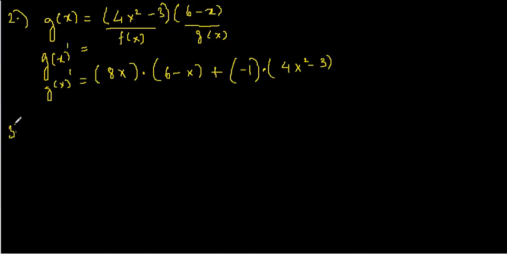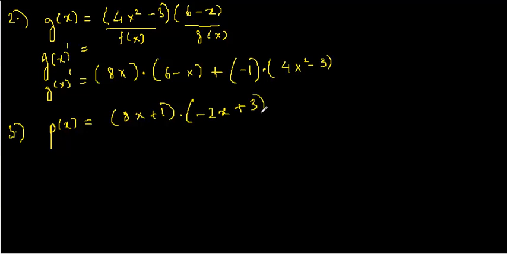Let's do another one really quickly. This is p of x, which is equal to 8x plus 1 times negative 2x plus 3.